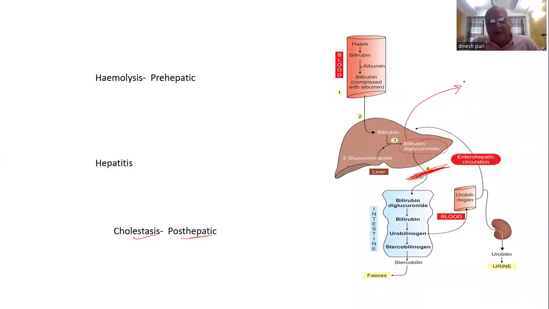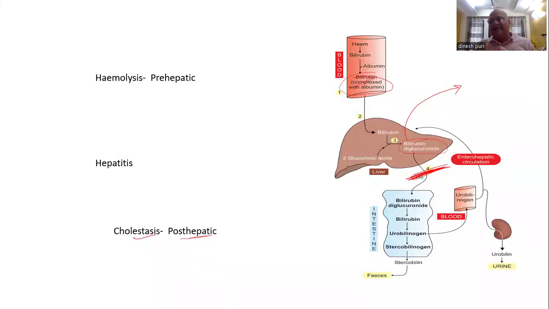So what type of bilirubin will rise in the blood? Conjugated bilirubin. What about unconjugated bilirubin? It should not show, and it does not show any change because the hepatic uptake is normal. The problem is in the secretion.